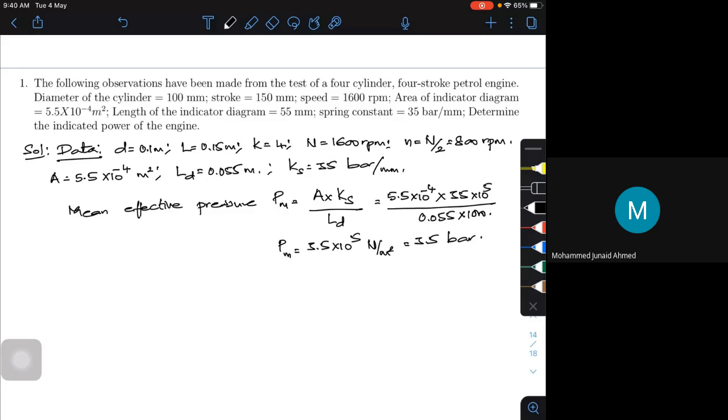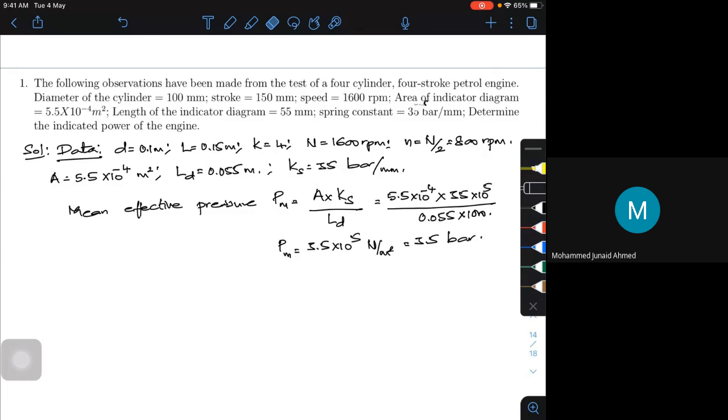It is actually 3.5 into 10 to the power of 5. There is something here.